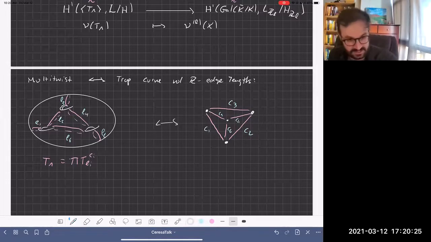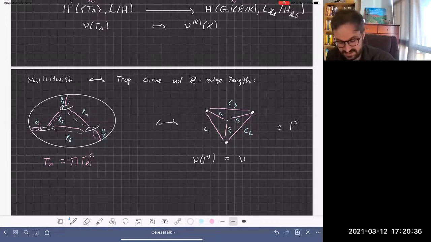Now the Ceresa class of this tropical curve, say let's call it gamma, is just the Ceresa class of the corresponding multi-twist.